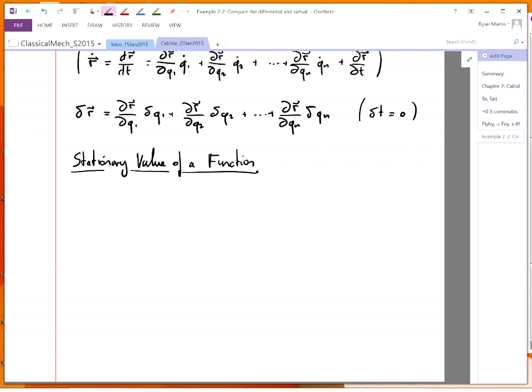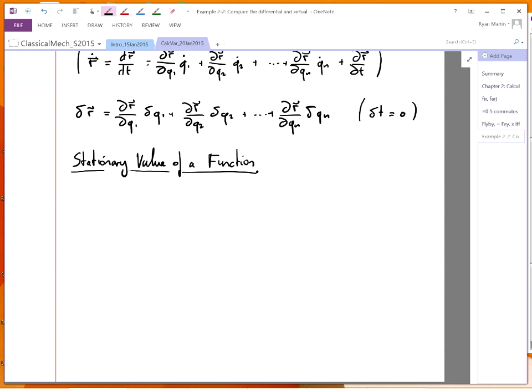Right, so if you have a function of 2 variables, f of x and y, you can draw that in 3 dimensions, and you can think of it as a surface. And so a stationary point of that function f is somewhere along that surface where it's flat. And so you can generalize this into n dimensions, and f can depend on as many coordinates or functions as you want.